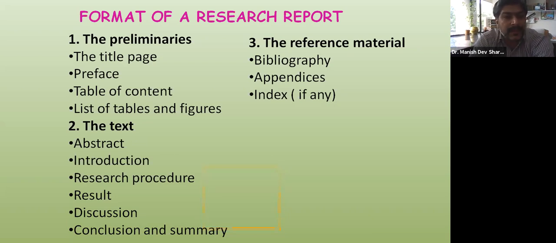Then we have a preface. In the preface, we have the idea of where we started and who helped us in carrying out this research. Similarly, we have the table of contents, unit wise or subhead wise, showing how we move from unit 1 to the conclusion, the last unit.